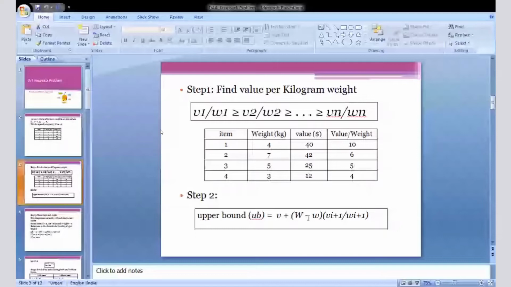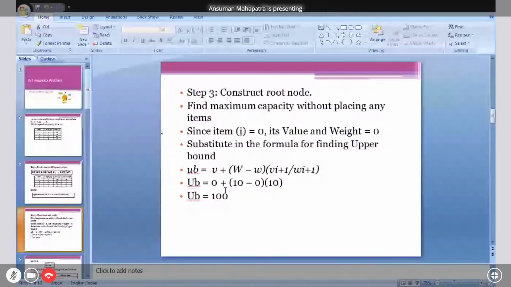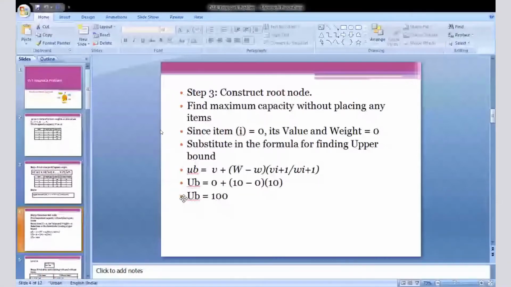So you have to apply this formula where we are not going to consider any items. So obviously it won't have any value and it won't have any weight. Likewise, we won't have any value per kilogram of weight as well. If we solve this way, we'll get this as the answer. So we can say the upper bound is 100. Whenever we are not going to place anything, it can hold 10 kilos.